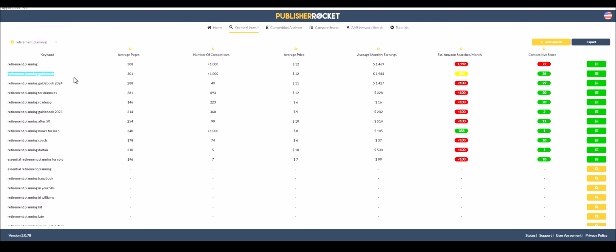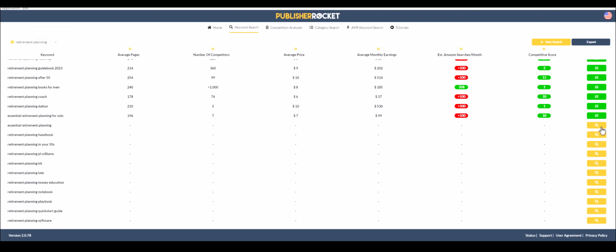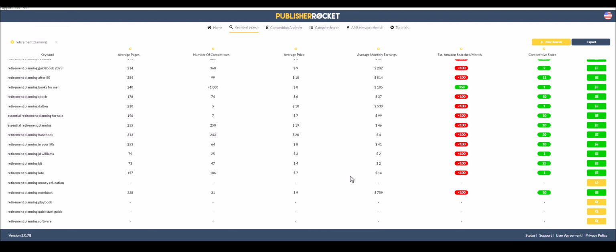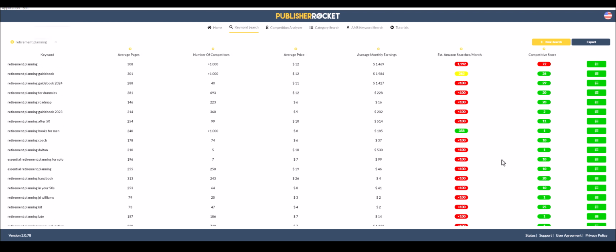So I like retirement planning guidebook. Let's do some more. All right, but they're not very much sought after. So I am going to pick retirement planning guidebook.